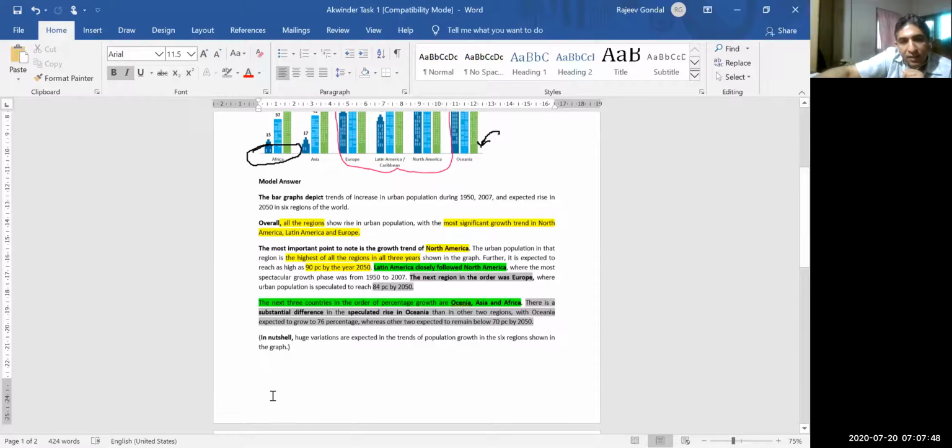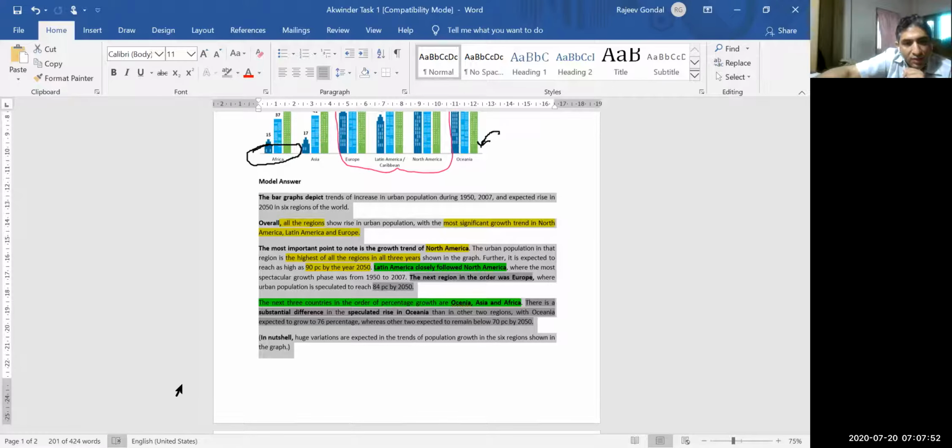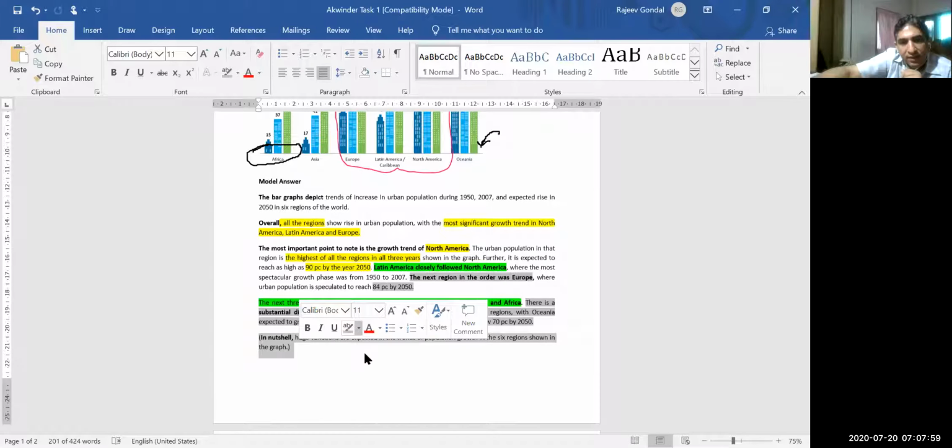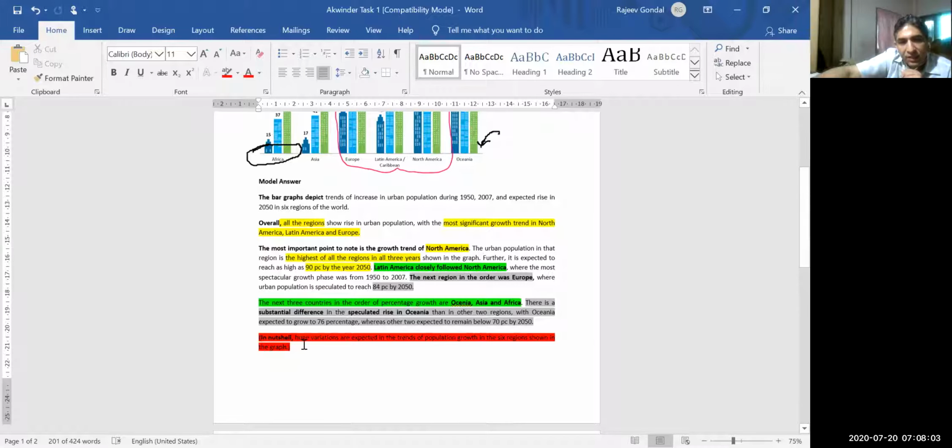And then at the end, for example, if I look at this, as you can see, it is 201 words already. So that's why I put this in bracket. In case you need to, then only you should write this conclusion. I'll put it in red because this is not something which is very necessary. So in nutshell, huge variations. I think this color is so offensive.